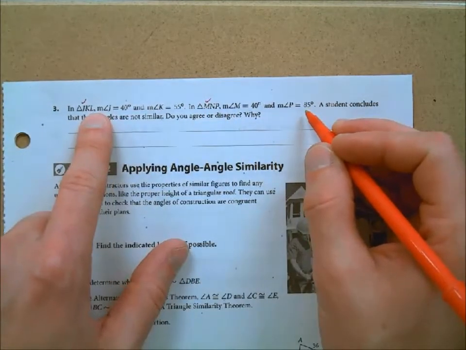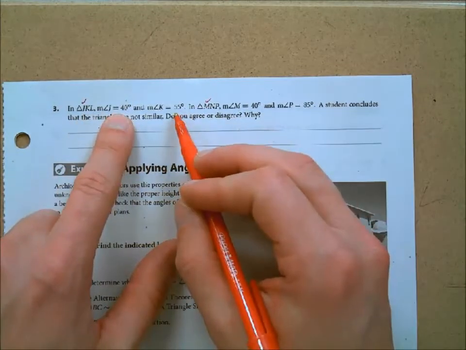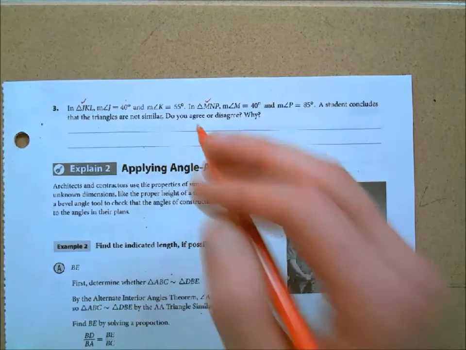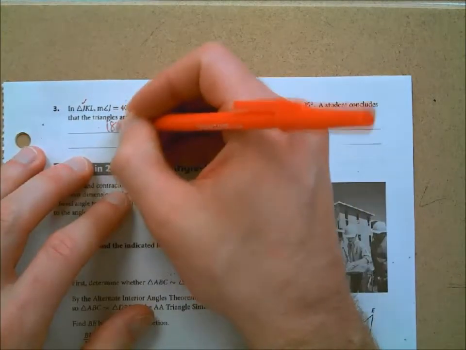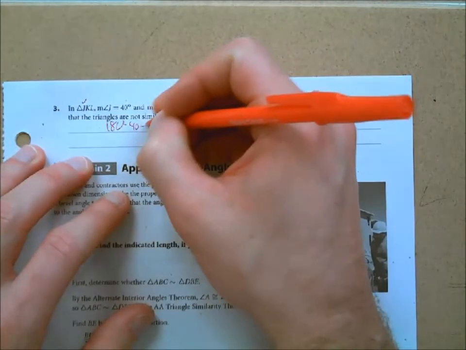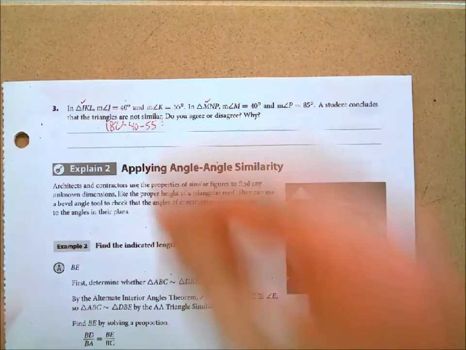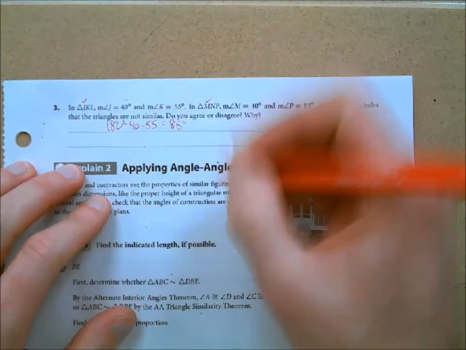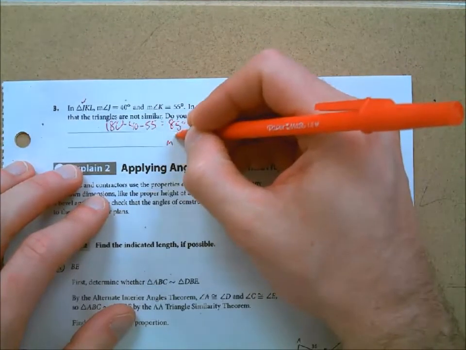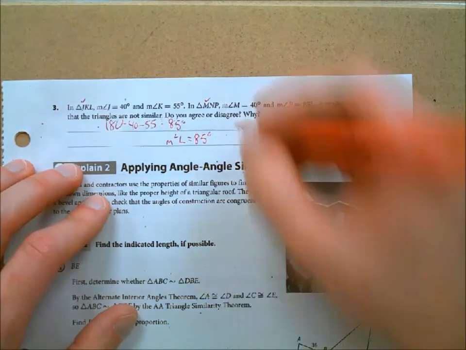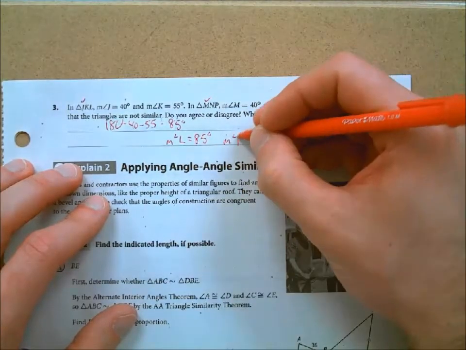So we should maybe try and figure out what angle L is here, right? And like you said, we could subtract from 180. So 180 minus 40 minus 55. Well, what's that going to be? It's going to be 85 degrees. So the measure of angle L is 85 degrees. The measure of angle P is 85 degrees.